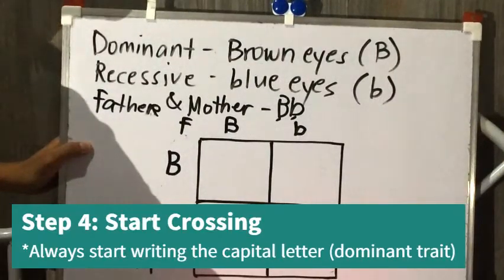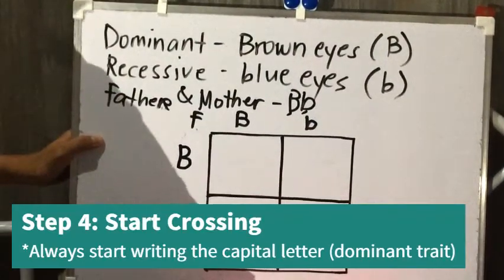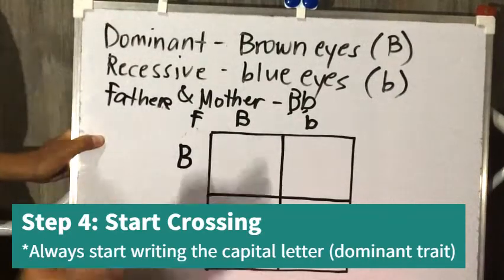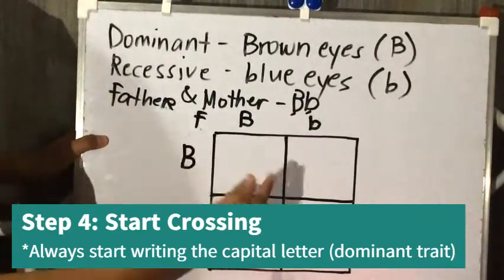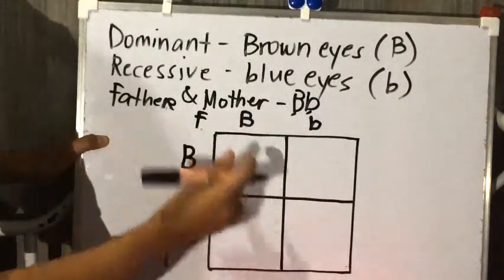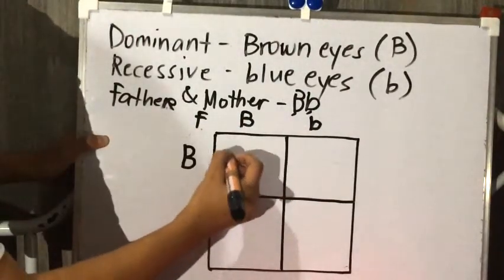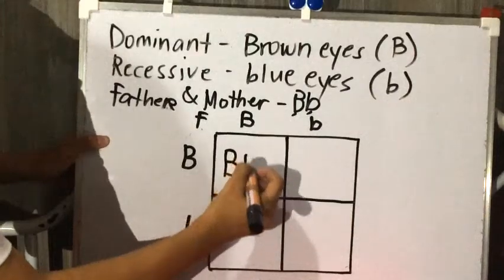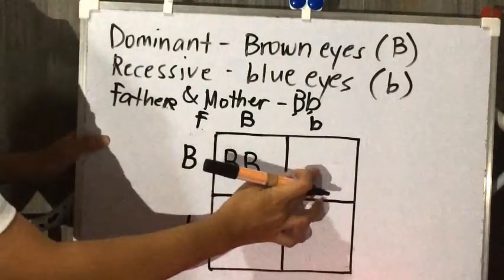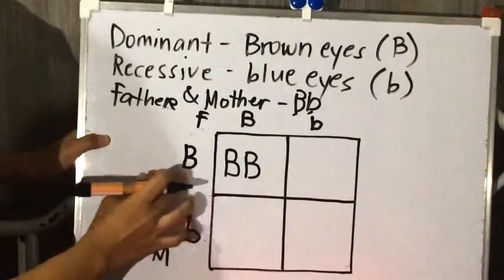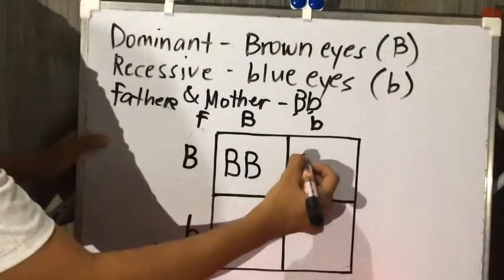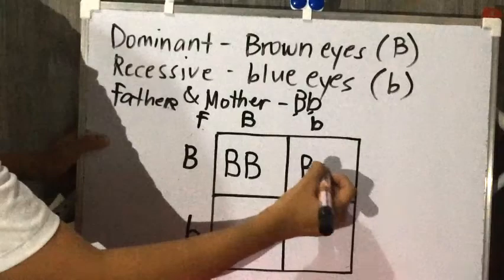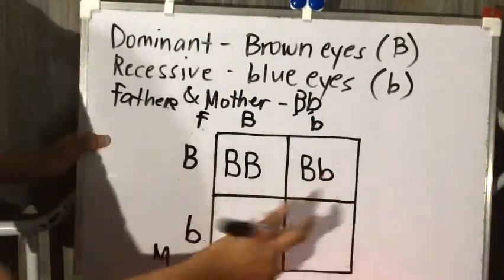Next is start crossing. Always start writing the capital letter or the dominant trait inside the box. So for the first quadrant, we have 2 dominant traits, both are capital. For the second quadrant, we have a dominant and a recessive.